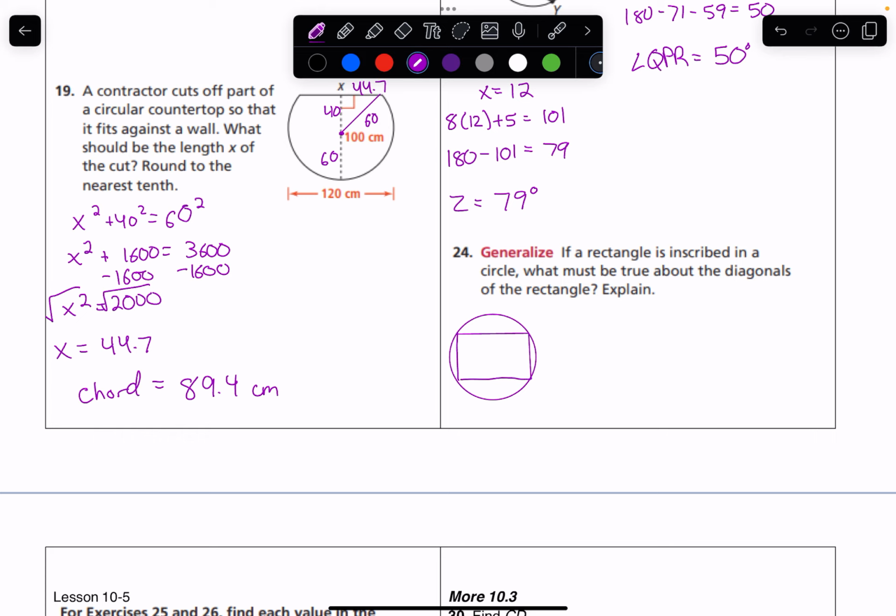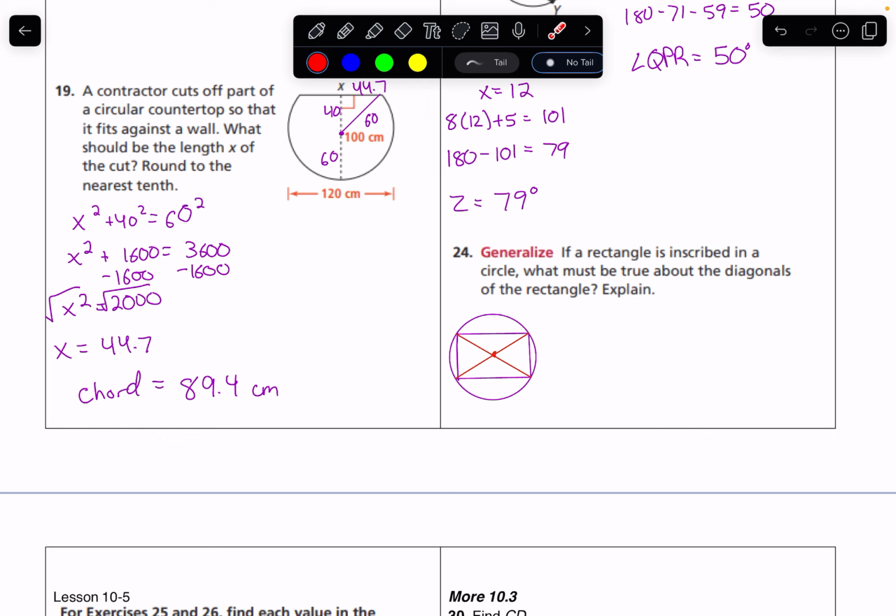It says, what must be true about the diagonals of the rectangle? So here are the diagonals. Well, there's a few things. I'm not quite sure what they're looking for here, but since those diagonals intersect at the center of the circle, each of the diagonals is a diameter of the circle. So that might be what they're looking at.